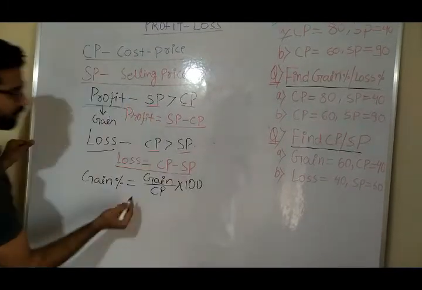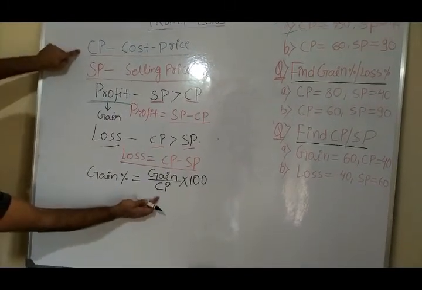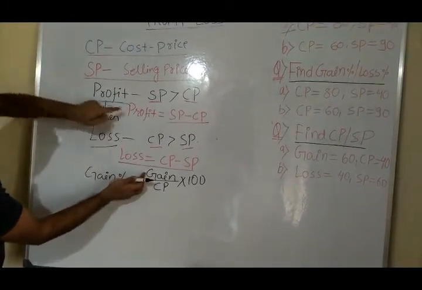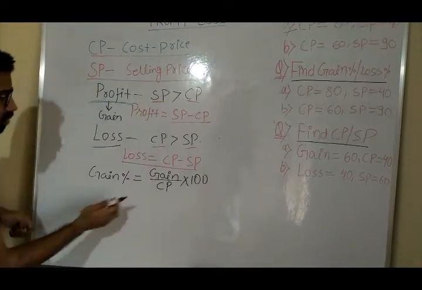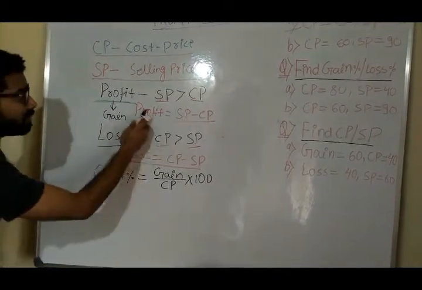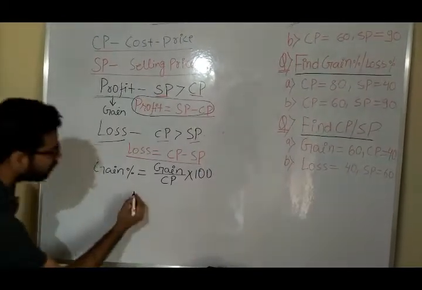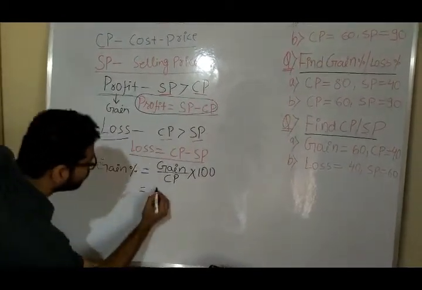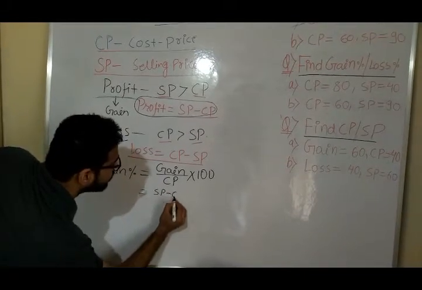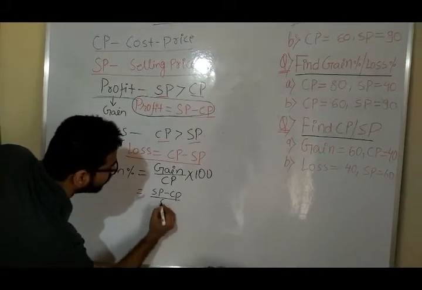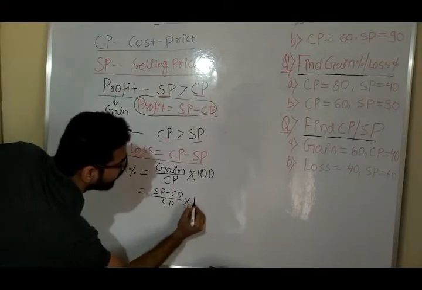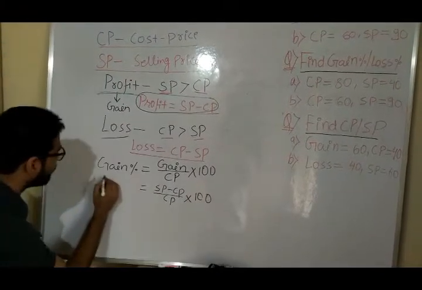You know CP, cost price. And gain you know is SP minus CP. So can we put that formula of SP minus CP in that portion? Let me put it. It is SP minus CP by CP multiplied by 100. So we got gain percentage.